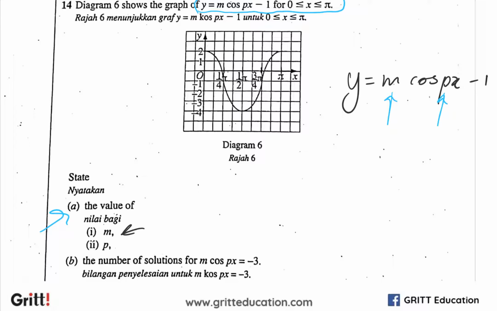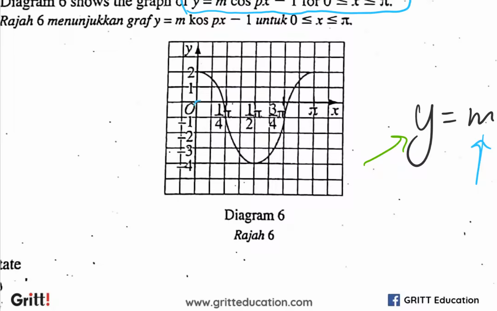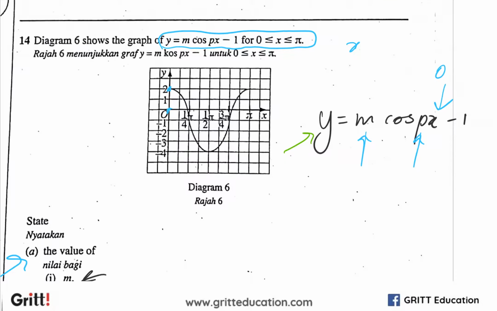So we can cause p to be 0 by putting x as 0. But of course, we want to know the corresponding value of y. So here we can look at the graph. When x is 0, we see that the value of y is 2.